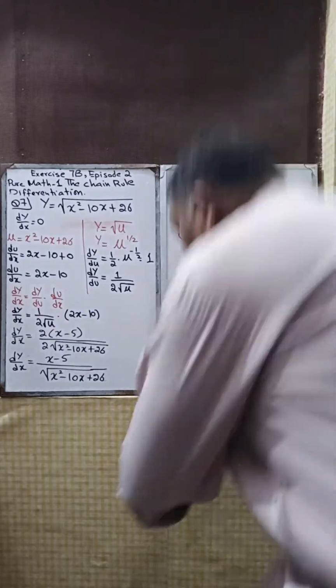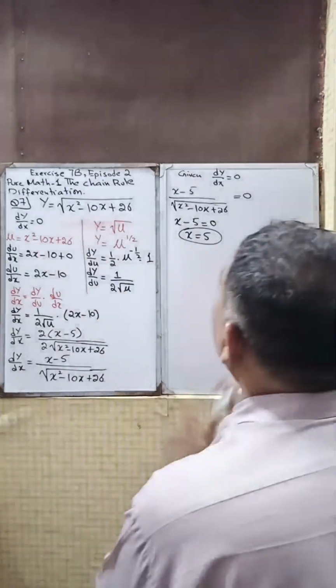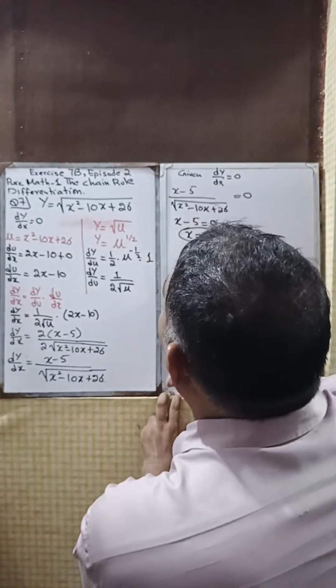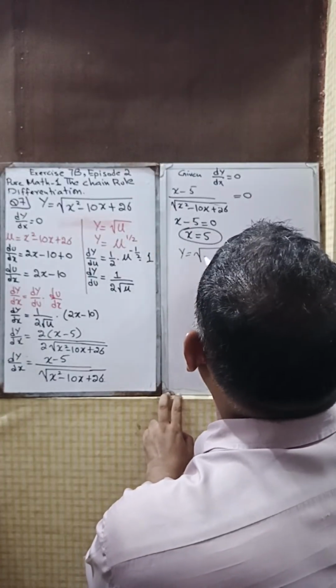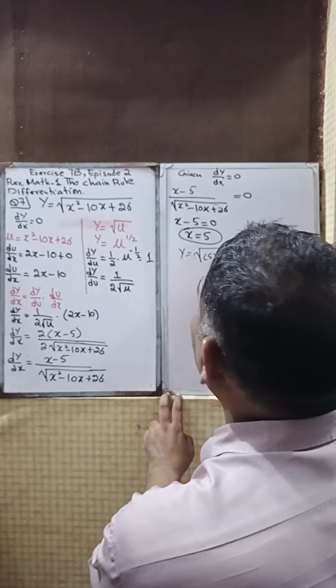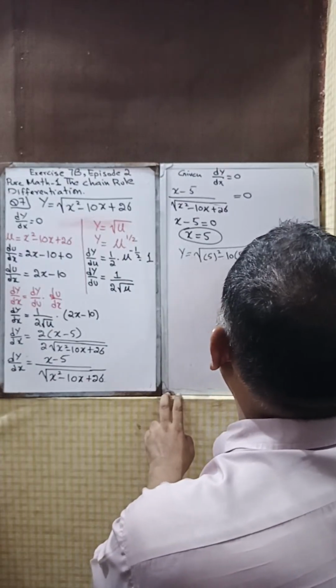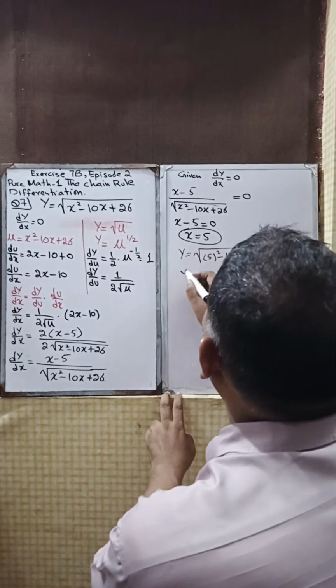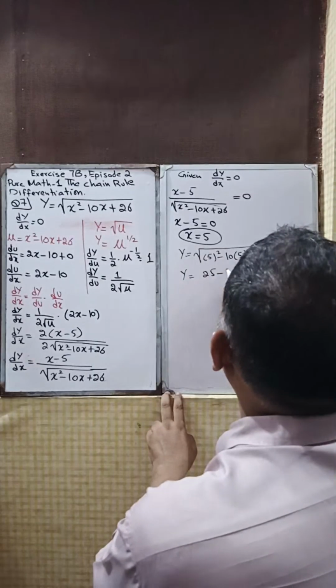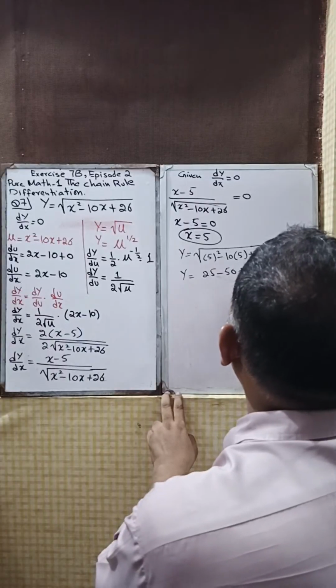So the original curve here is y, put that value into the original equation. y will be equal to the square root of 5 squared minus 10 times 5 plus 26. So y will be equal to 25 minus 50 plus 26.